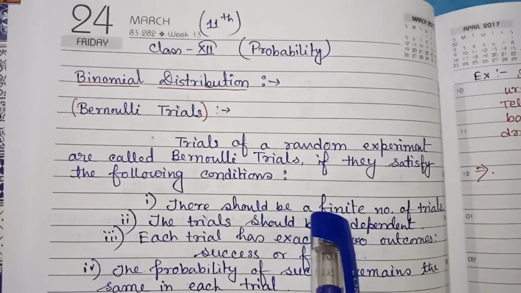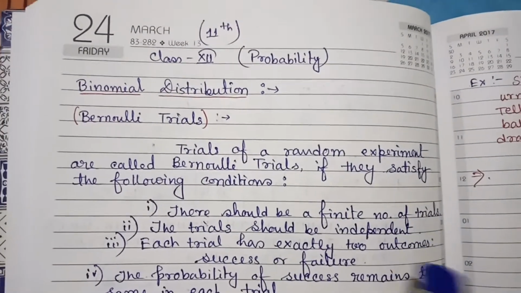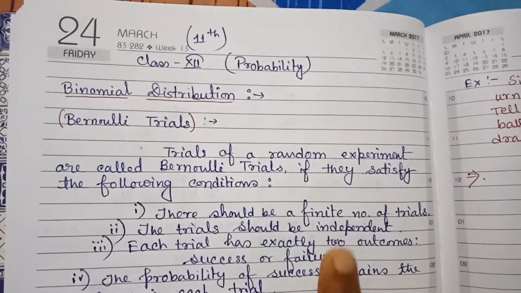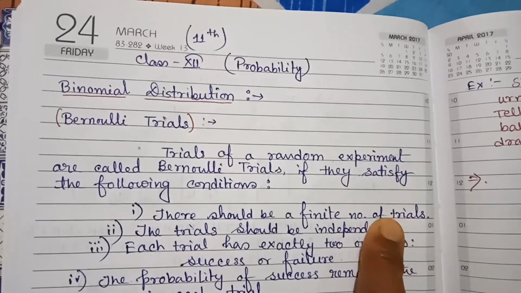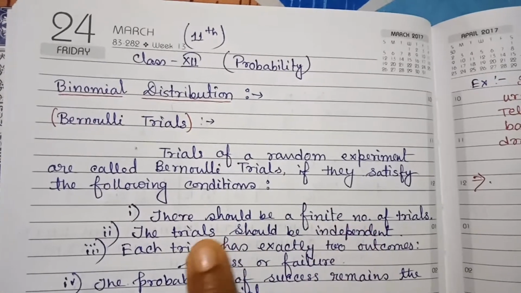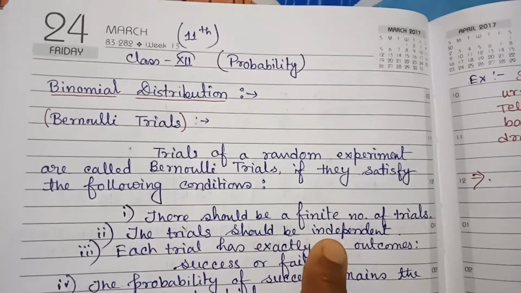So the conditions are: there should be a finite number of trials, so the trials can be performed only a finite number of times. The trials should be independent.